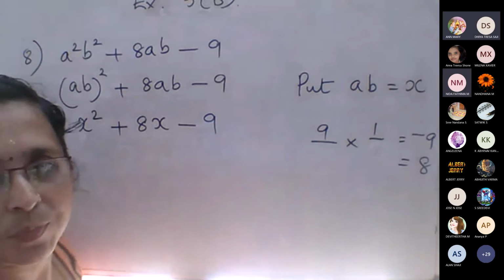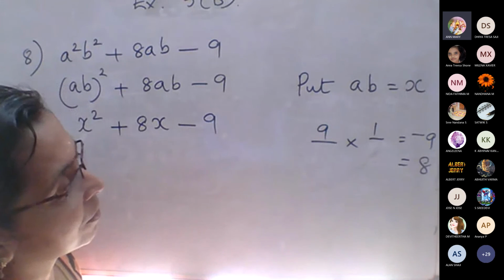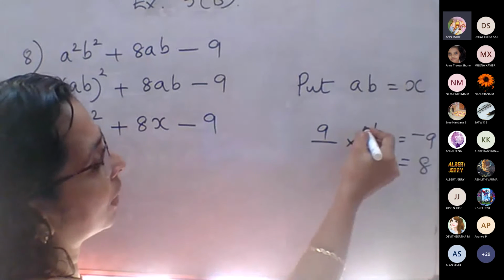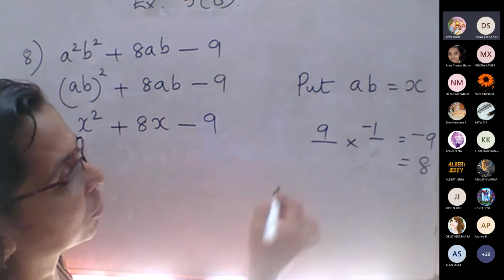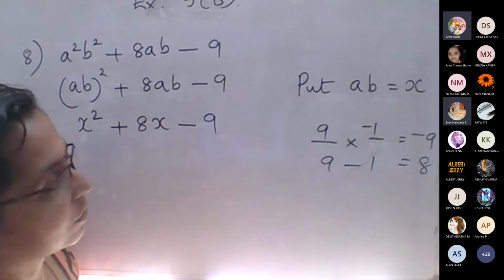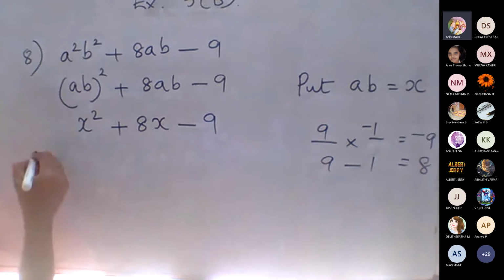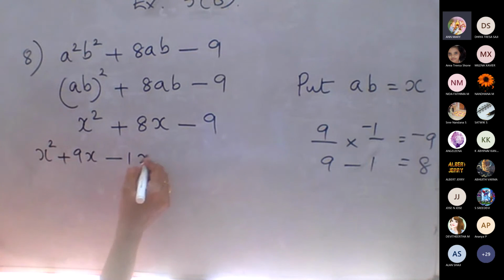Negative 1. 9 into negative 1. So 9 minus 1, 8. So we can split this: x square plus 9x minus 1x minus 9.